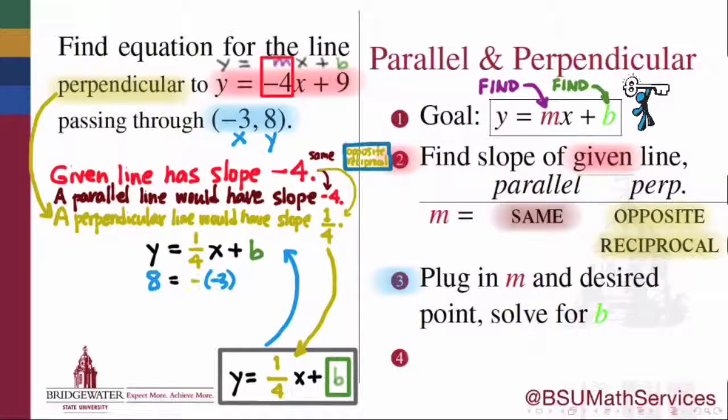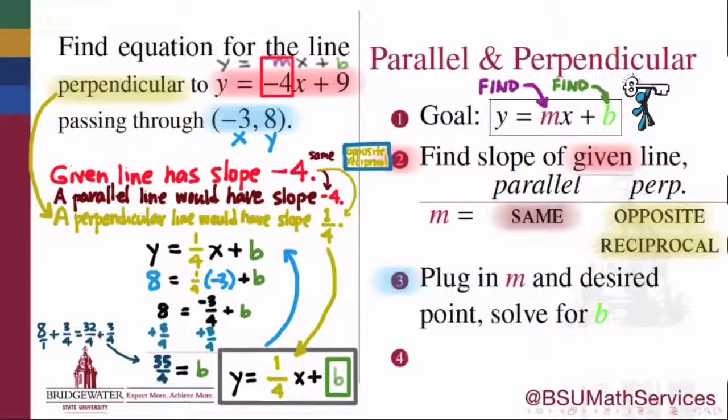So let's substitute -3 for x and 8 for y, giving us only one unknown quantity, b, in our equation, and then solve this equation for b, multiplying 1/4 times -3 to get -3/4, and then getting b by itself by adding 3/4 to both sides. Remembering that to add 8 plus 3/4 will turn it into a fraction addition problem with a common denominator of 4, we find that b is equal to 35/4.